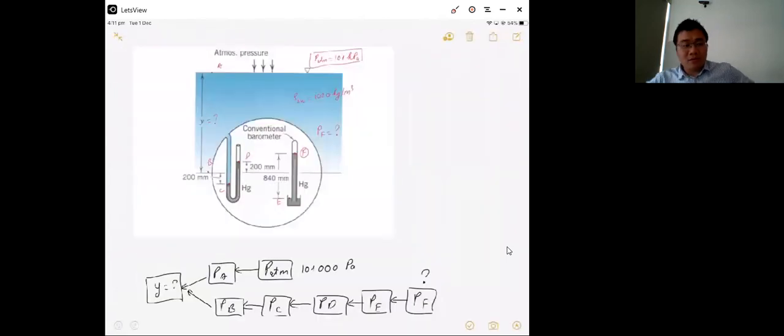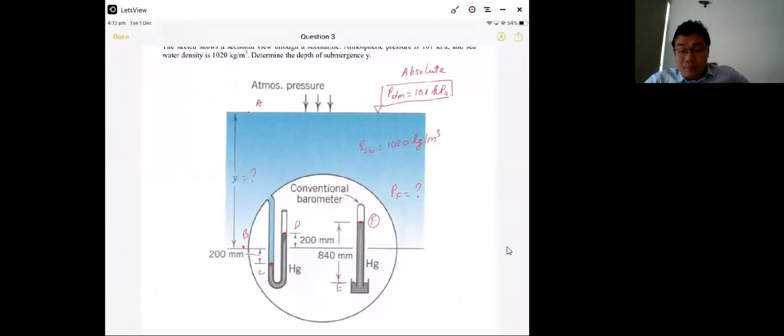Do you have any idea to find PF in this case?